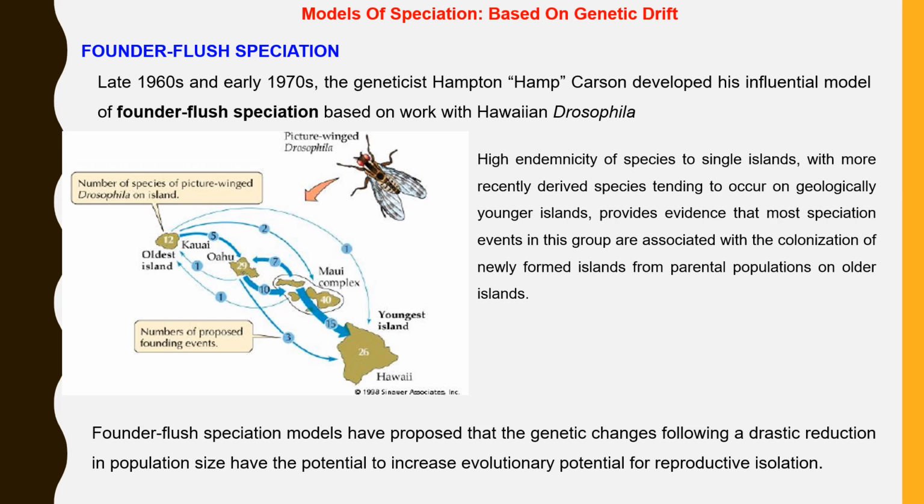Carson felt that the marginal population could be more responsive to selection immediately after a founder effect, and the rate of evolution does not depend upon slow accumulation of newly arising mutations.